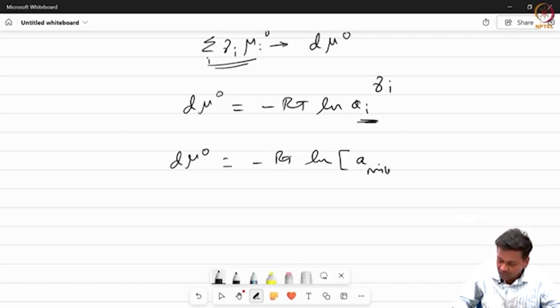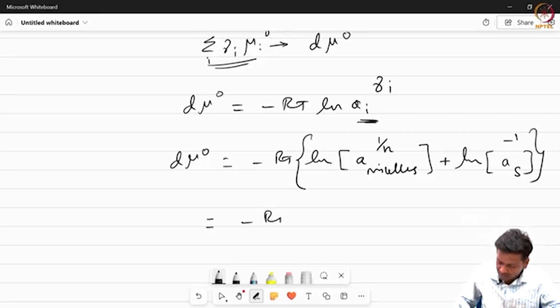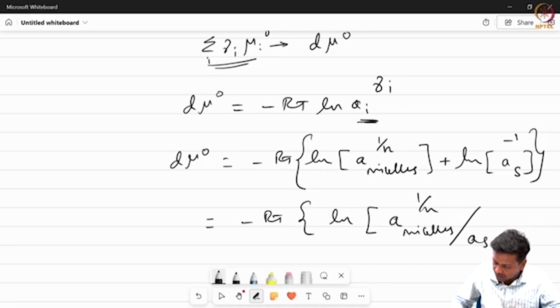For micelles, this will be a_micelle, where ν_i in this case is 1 by n, plus ln a_S to the power minus 1. So I can write this as a_micelle to the power 1 by n divided by a_S.